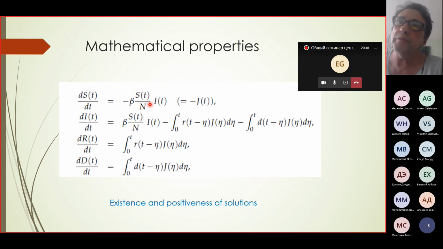So this is how the number of susceptible changes, and the number of infected increases like that. And J of T is the number of newly infected. This is exactly this expression written here. So now we have this complete model with distributed recovery and death rates.